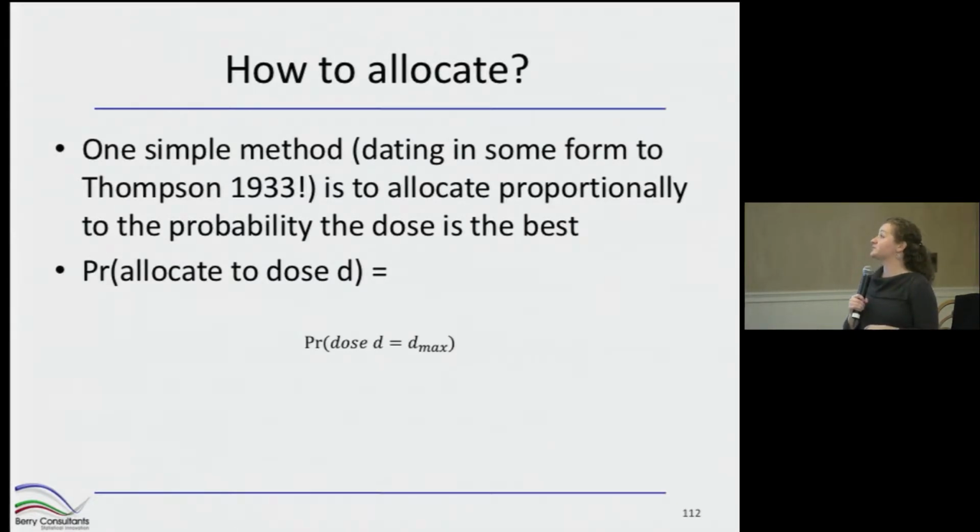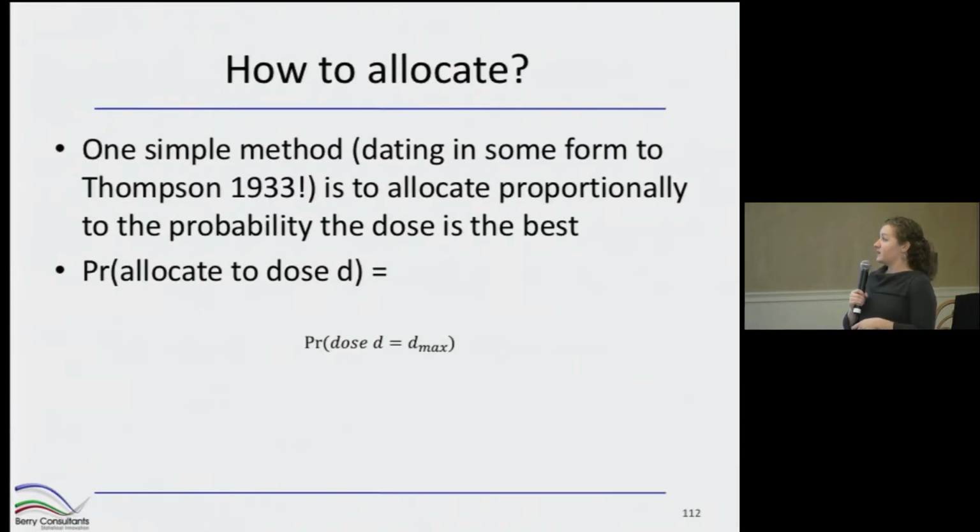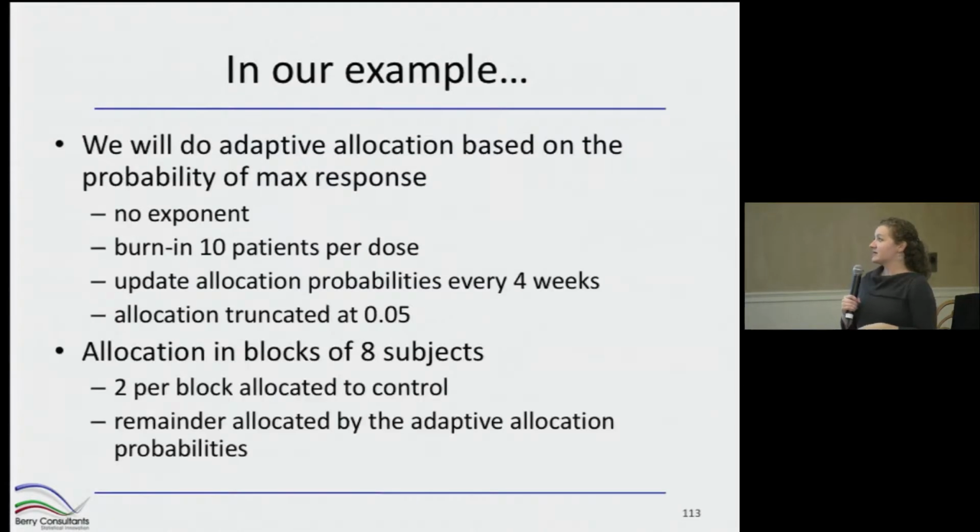To make this concrete, you can also raise this probability to a power, which helps you control how aggressive you are. If you calculate this probability and then raise it to a power of 2 or a power of 3, that allows you to be more aggressive about going after the best dose. In our example, we're not going to do that.